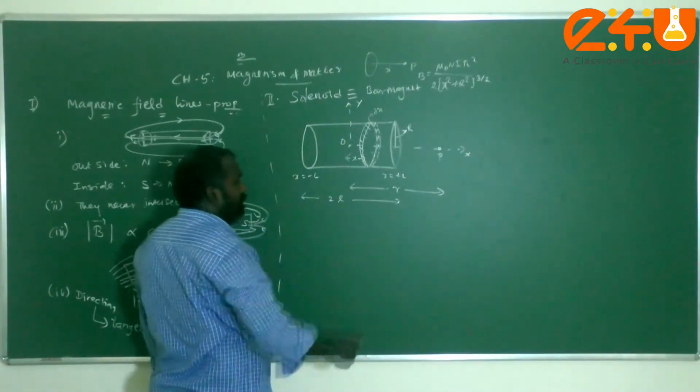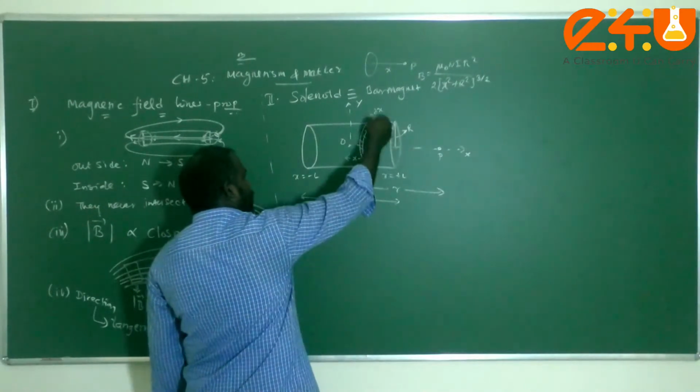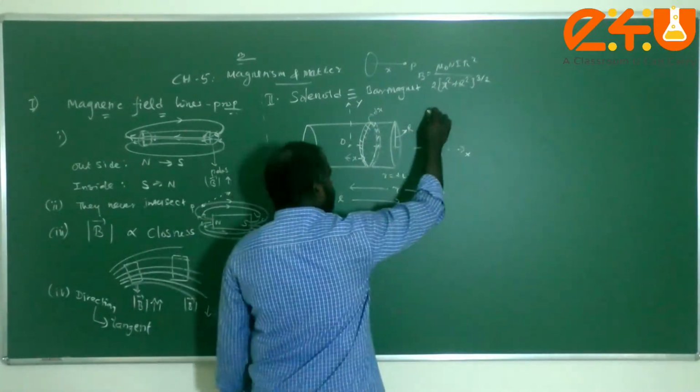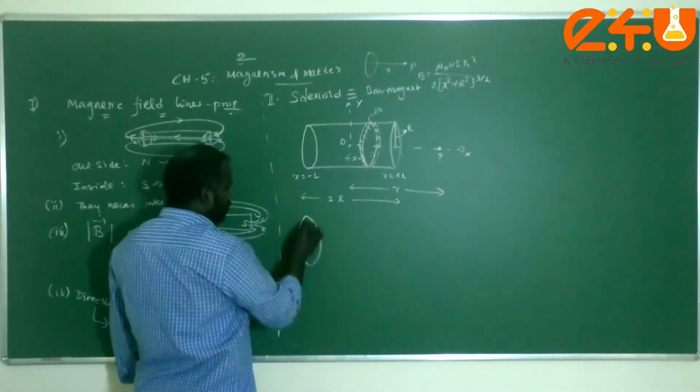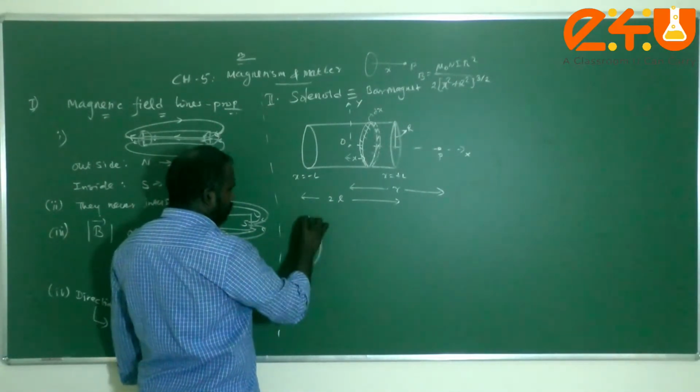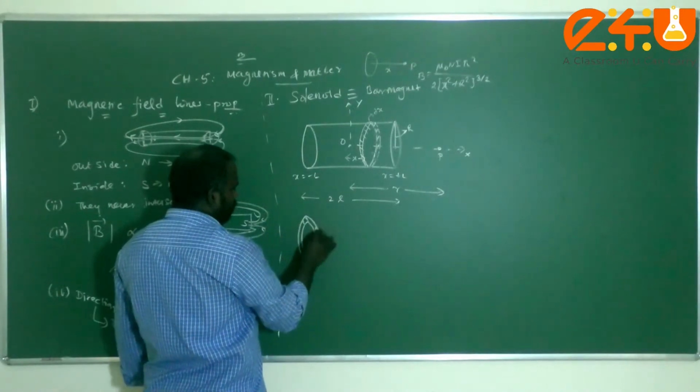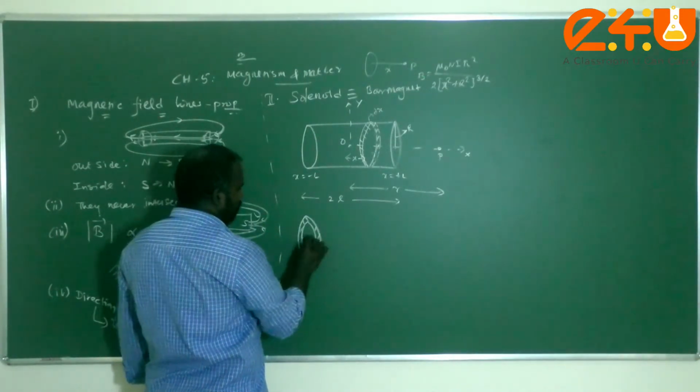Now please see that this is the ring, the portion having the thickness. For your understanding, I can draw that circular element of thickness dx.